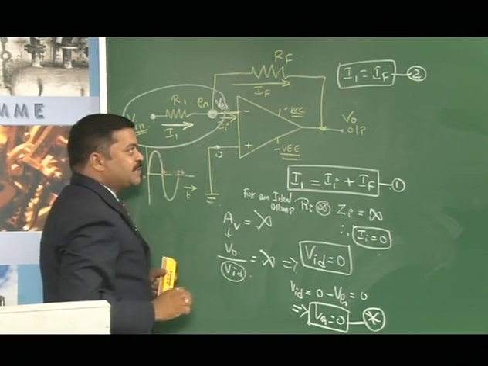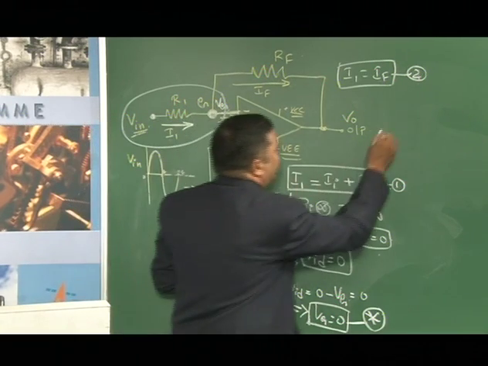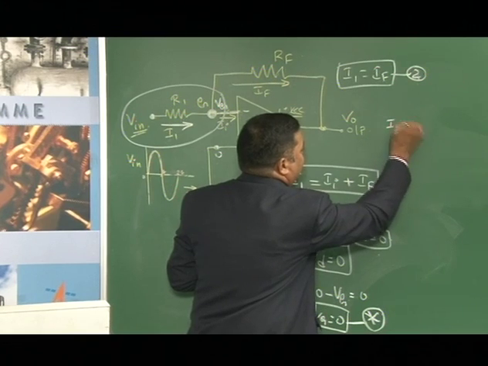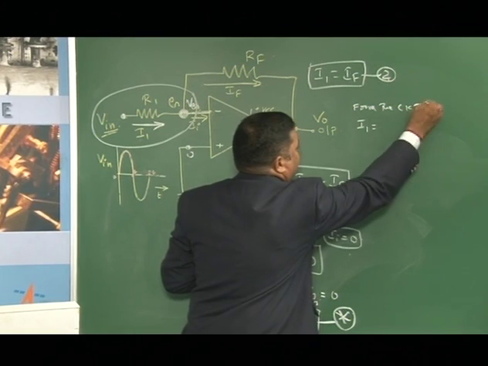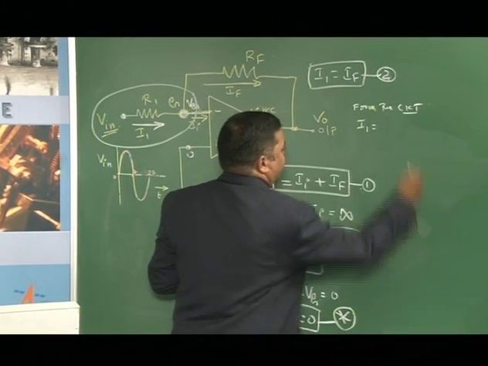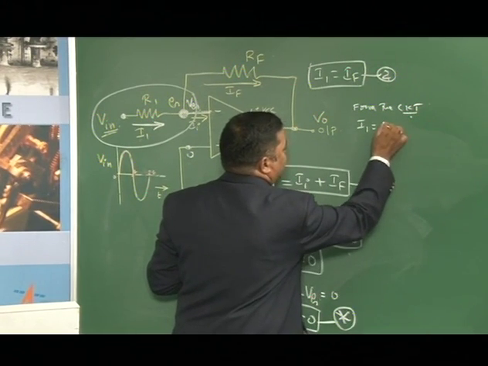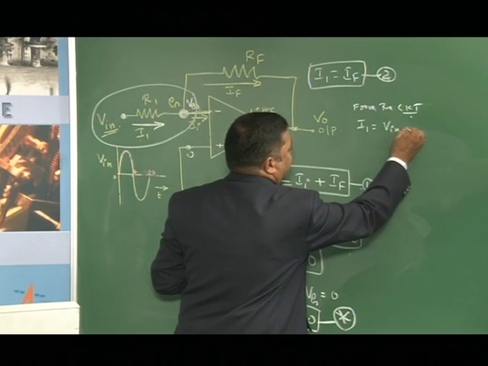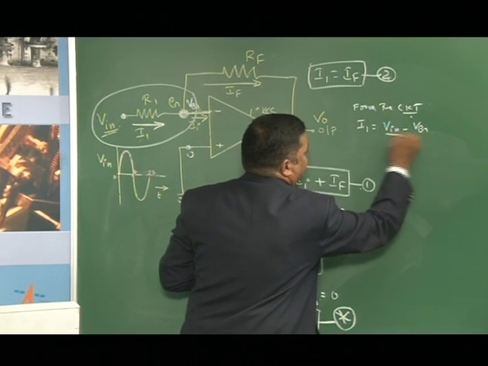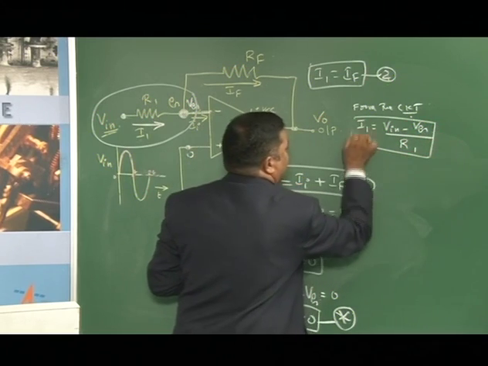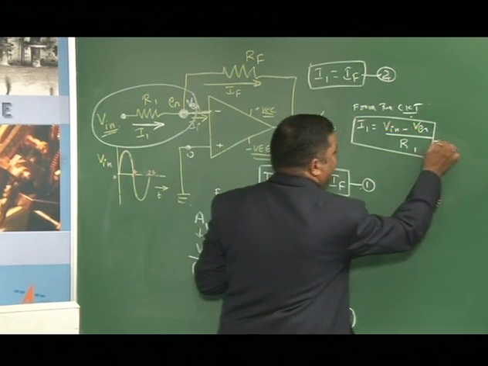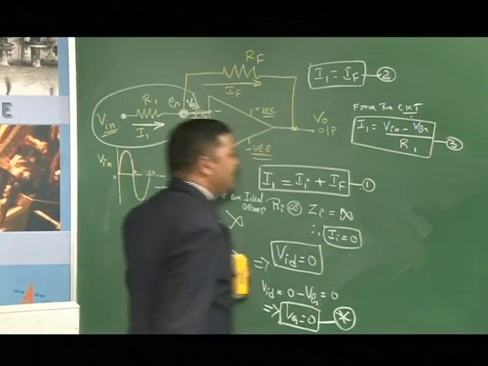So, from the circuit, I1 is equal to Vin minus Vg divided by R1, the current flowing through the resistance R1. This I will call equation 3.